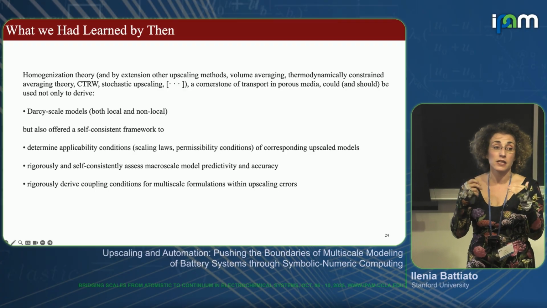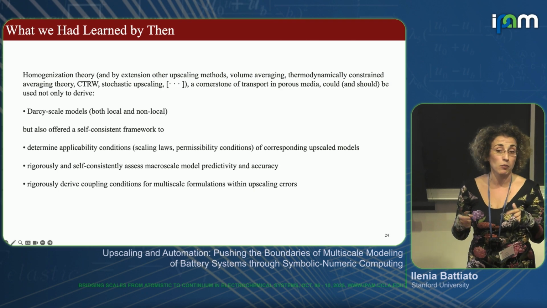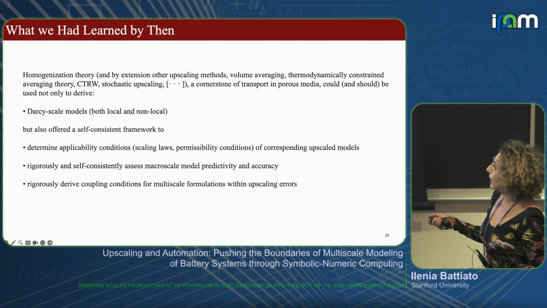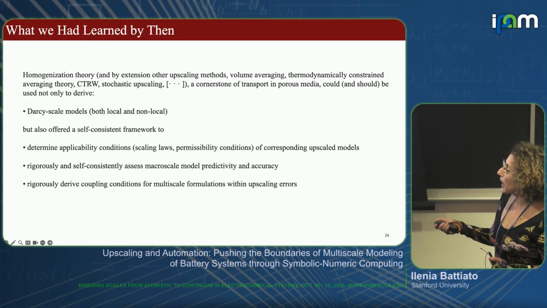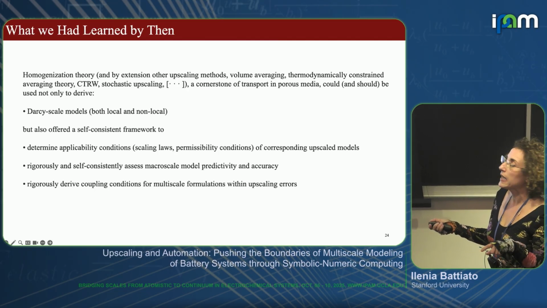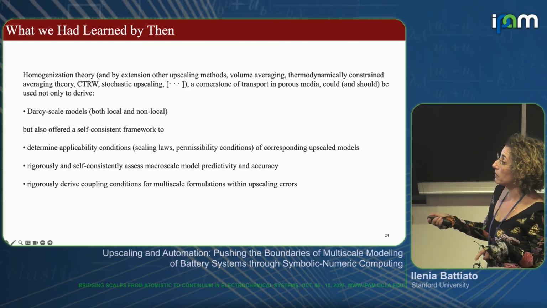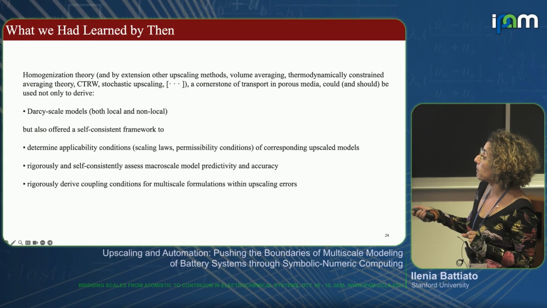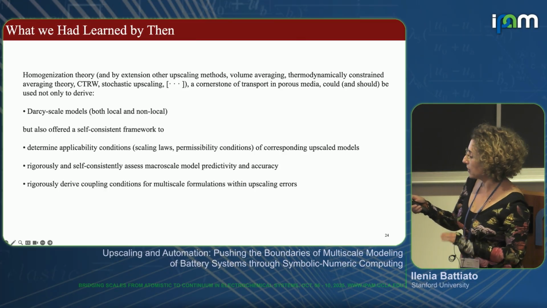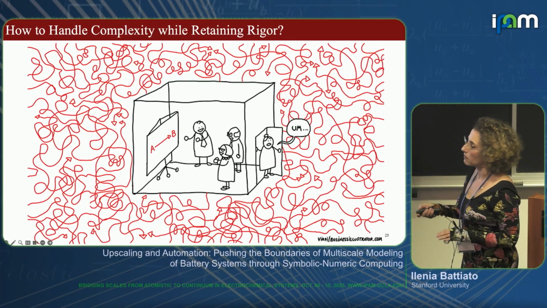Then the model passes. It's not good, then there is an error in the model, and the model needs to be improved. It can do other things that I might be able to touch upon depending on time. It actually helps us to derive also coupling conditions between models at different scales. But we'll see whether we get there.